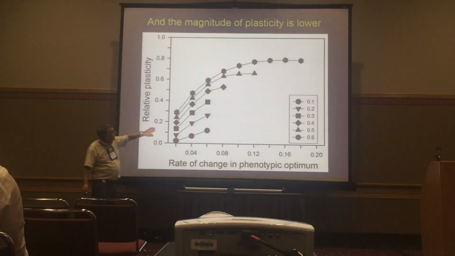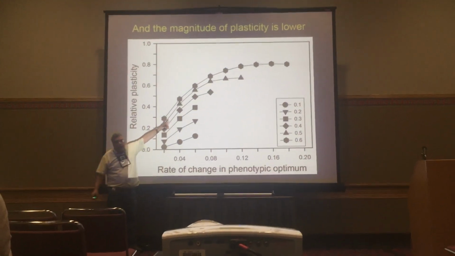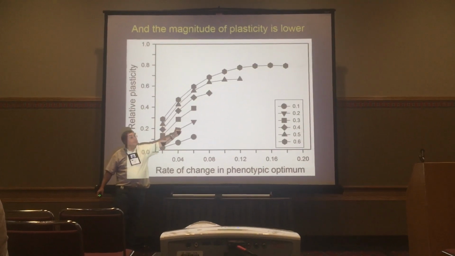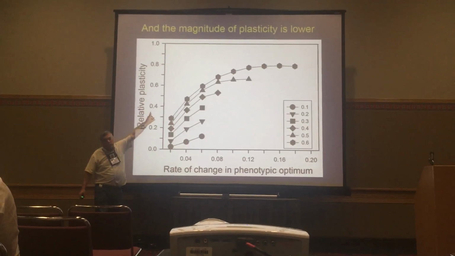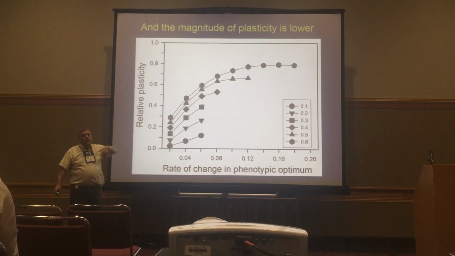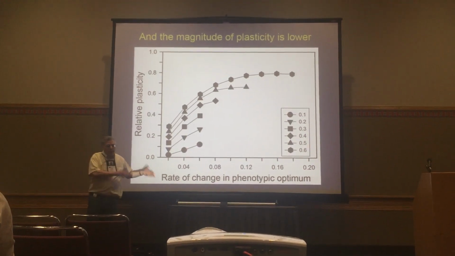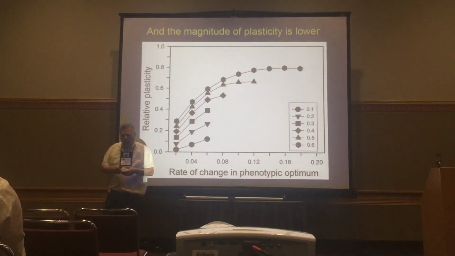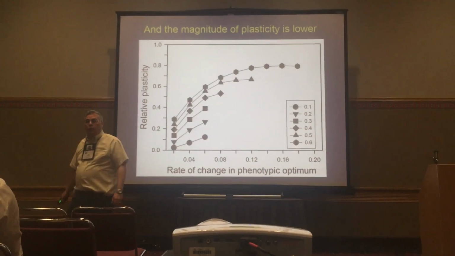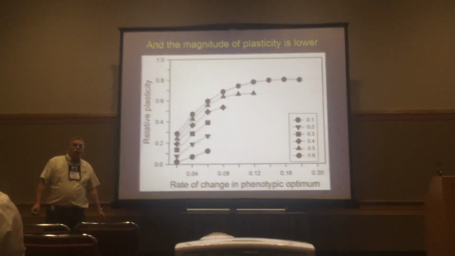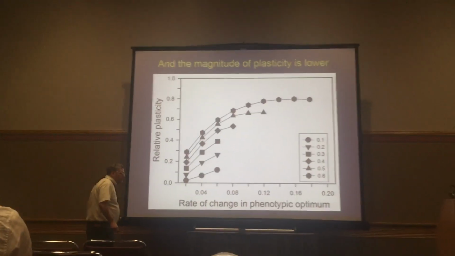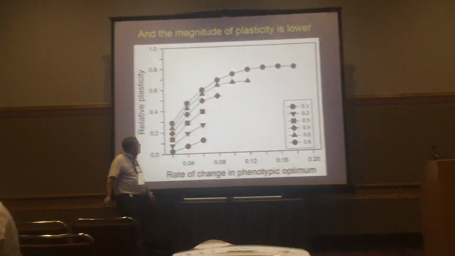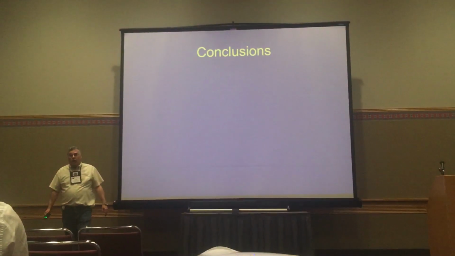And in terms of the amount of relative plasticity, again, even with relatively high plasticity, you're not anywhere close to 1. That is, it's actually a lot of the non-plastic alleles that are responsible for you keeping up with that environmental change. So when there's a cost of plasticity, it really doesn't help a whole lot.